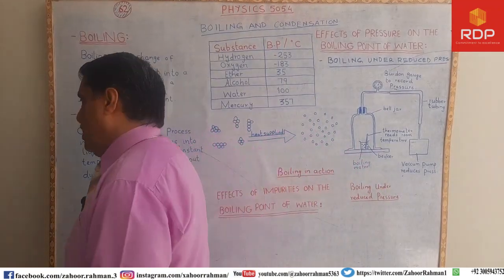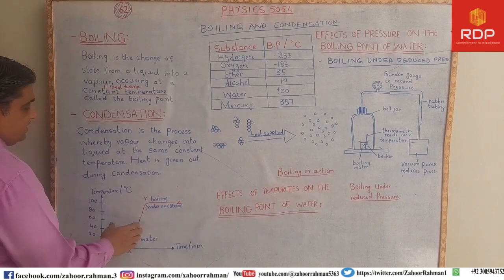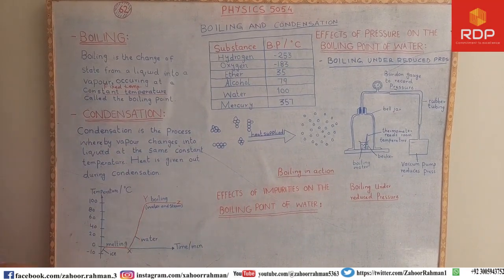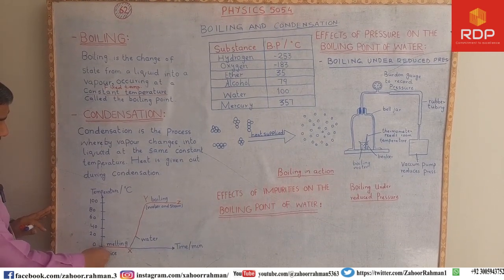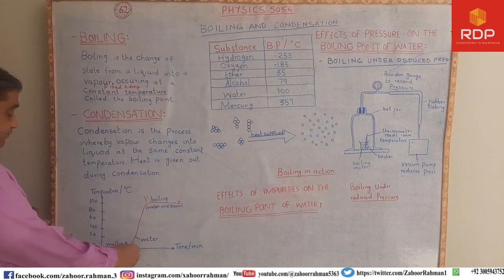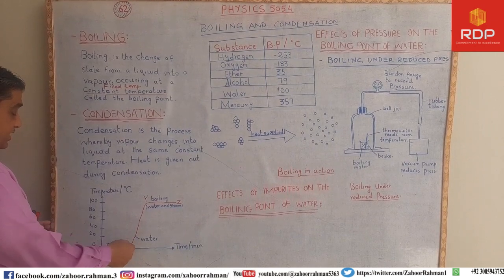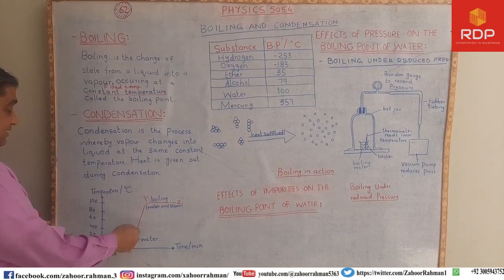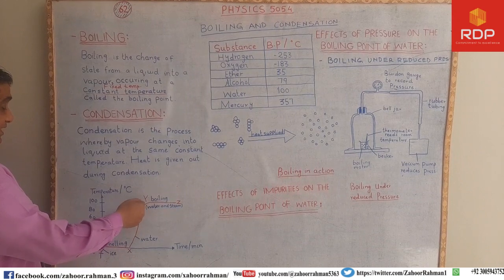Okay, now coming to this curve which we had observed at the melting point. We started from ice and it comes down as a melting point, and then when we were giving more heat, this curve was increasing.